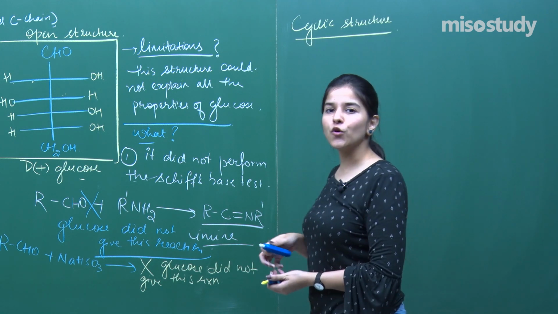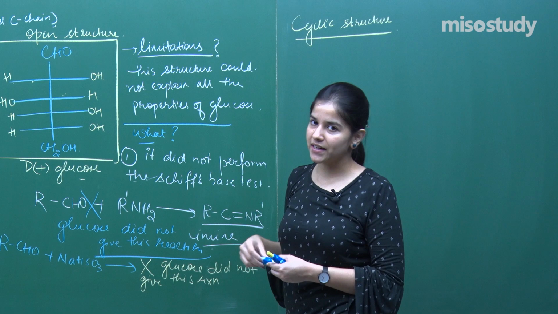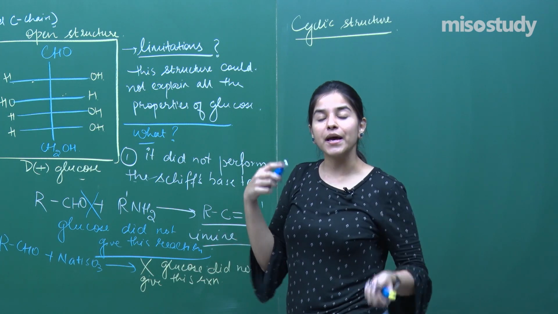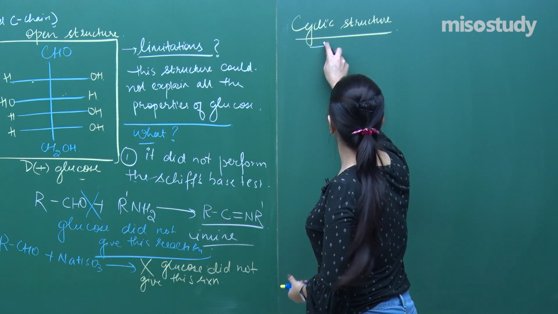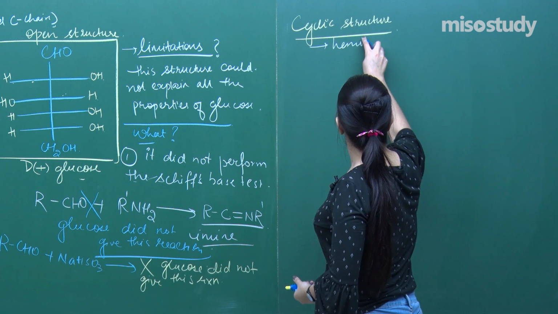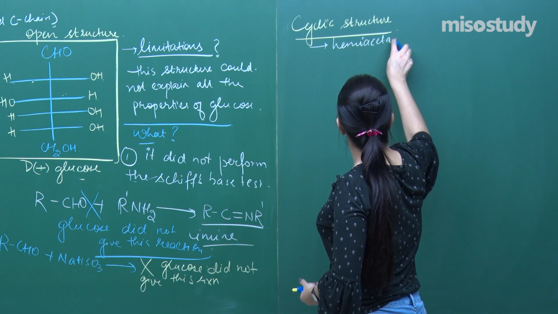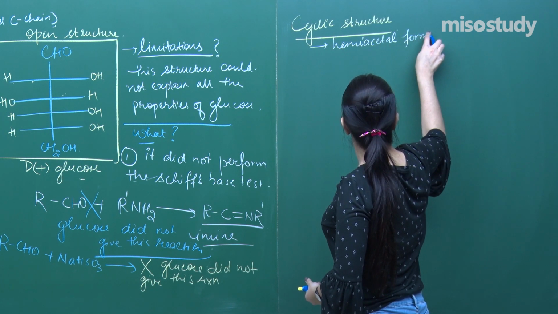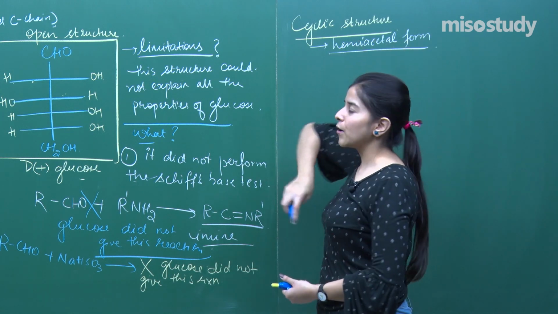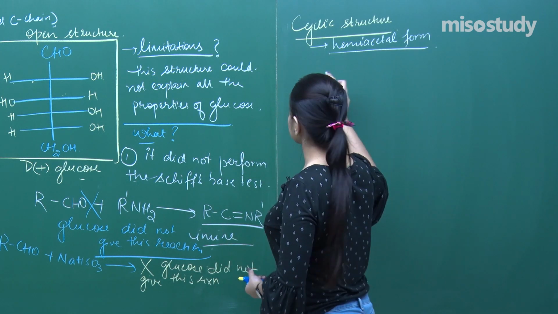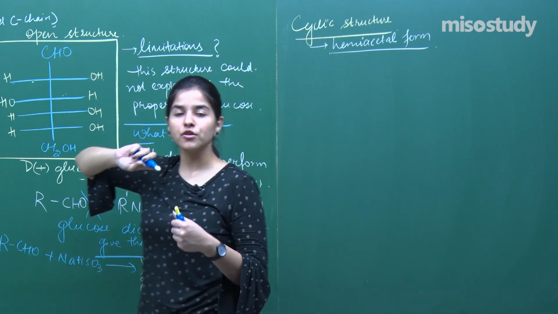So basically glucose exists in the form of cyclic structures, and that too in a hemiacetal form, right? Now, how does this hemiacetal form get formed?